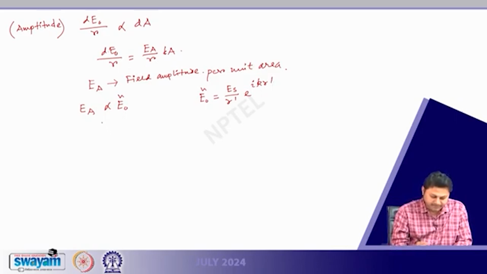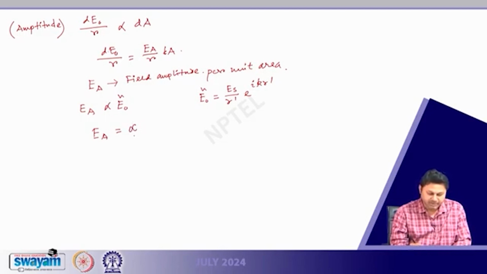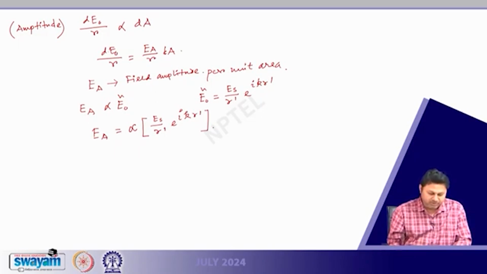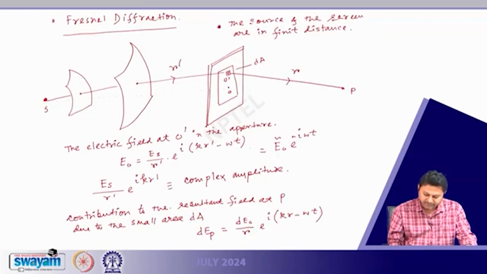So, E_A is essentially a constant alpha, a proportionality constant, multiplied by E_S by R prime e to the power of i k R prime, that we have.